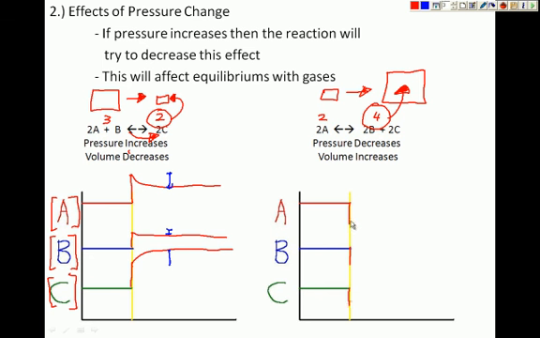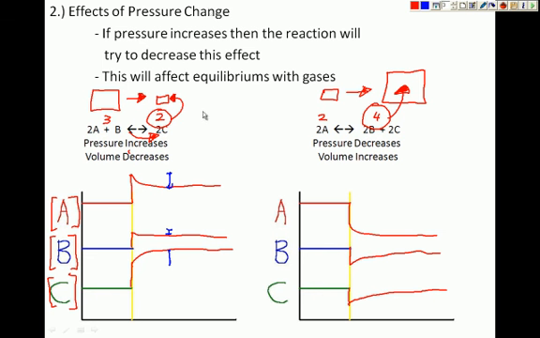And then it's going to shift to the right, and therefore A is going to decrease further, B is going to increase, and C is also going to increase. Okay? And that is the effects of pressure change.